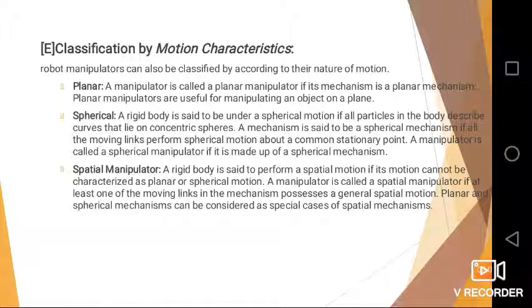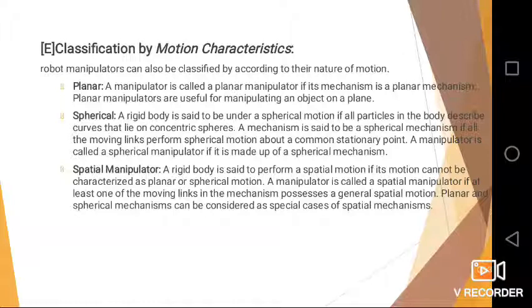A rigid body is said to be under spherical motion if all particles of the body describe curves that lie on concentric spheres. A mechanism is said to be a spherical mechanism if all the moving links perform spherical motion about a common stationary point. A manipulator is called a spherical manipulator if it is made up of a spherical mechanism.